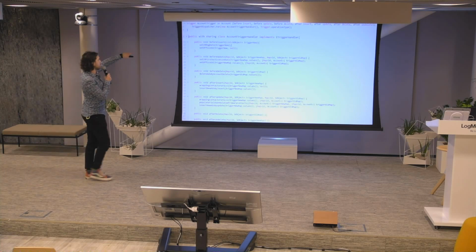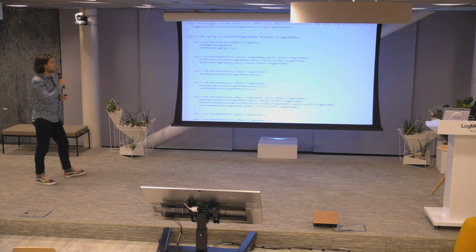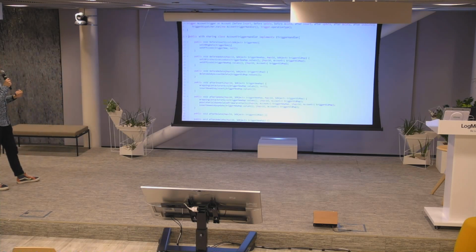The fourth line is the head of the AccountTriggerHandler, which contains the main logic. It implements the interface. As you can see, we have methods for all 8, but I only cut these 7 for this slide.